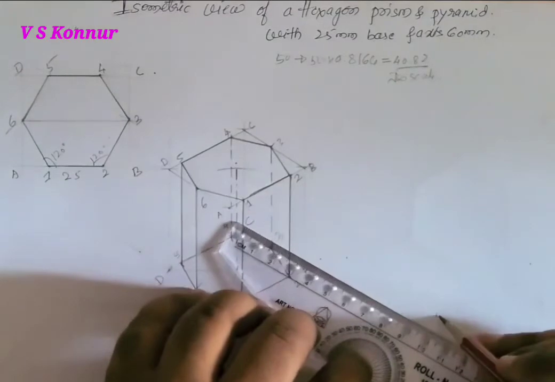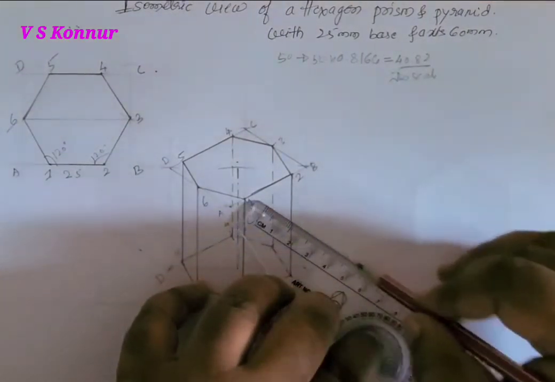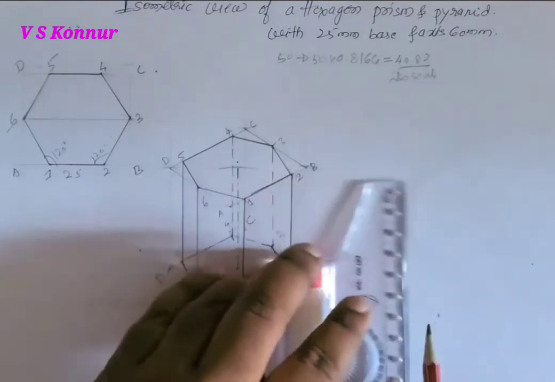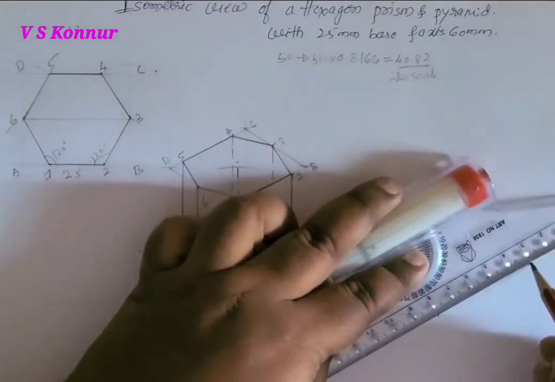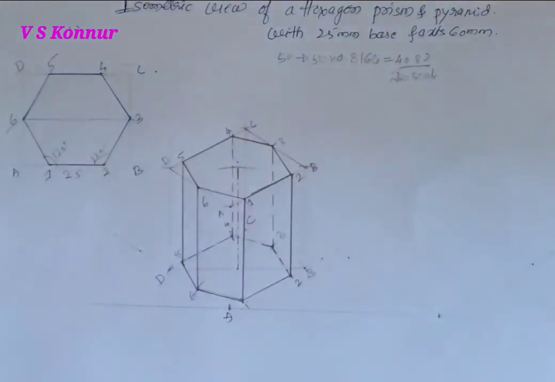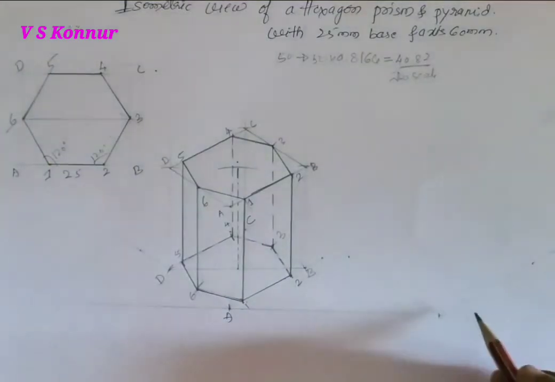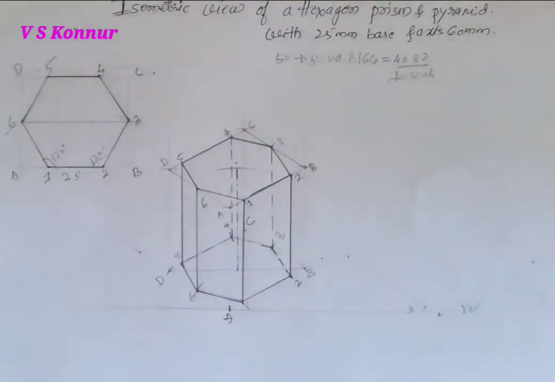Just extend this line from this point, on either side. Now it is very easy because already I have drawn this hexagon. We'll take the distance and we'll cut directly.